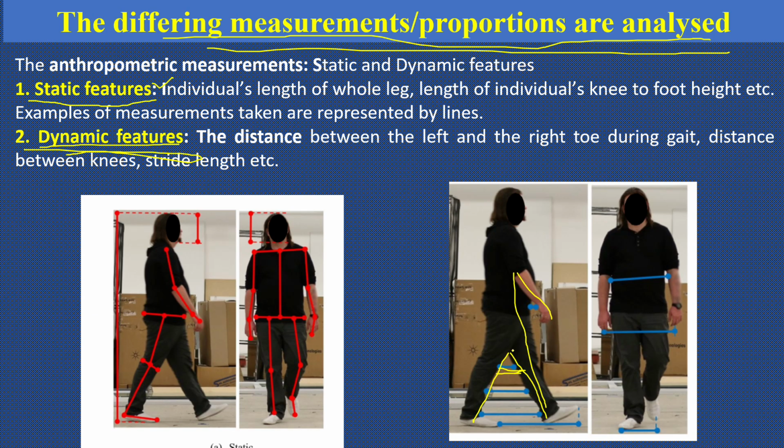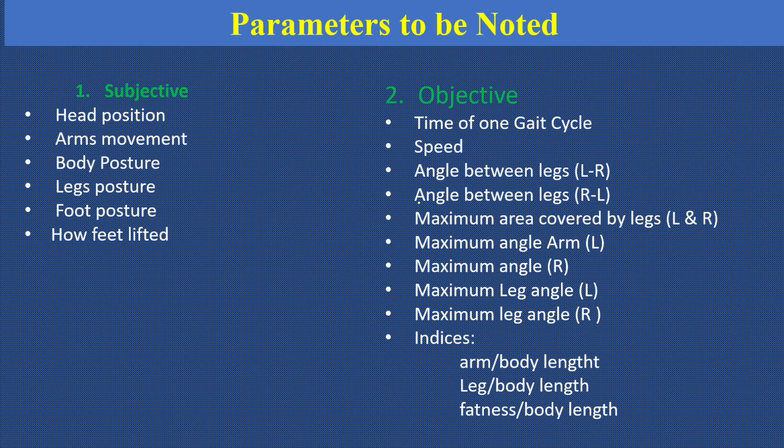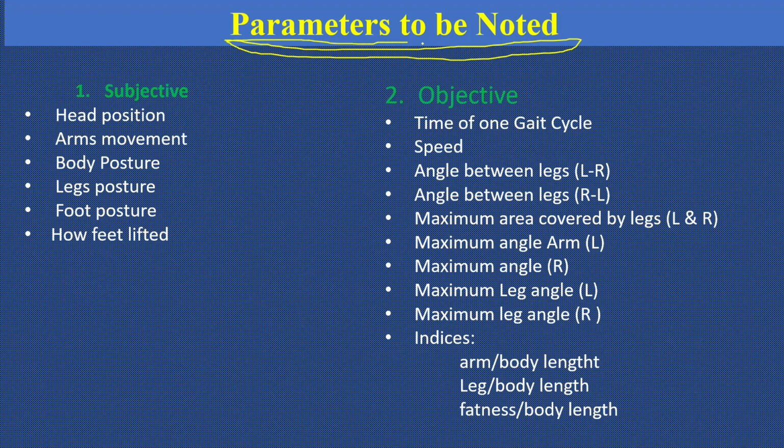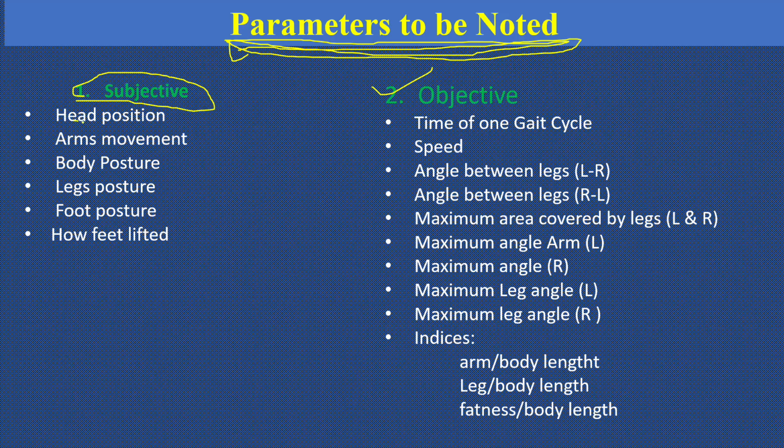So we have to note the static parameters as well as the dynamic parameters when we are talking about measurement of the different features for gait analysis. Based on my experience, I have used this technique in many cases. There are also subjective parameters and objective parameters, because these are also very important for person identification, like head position.